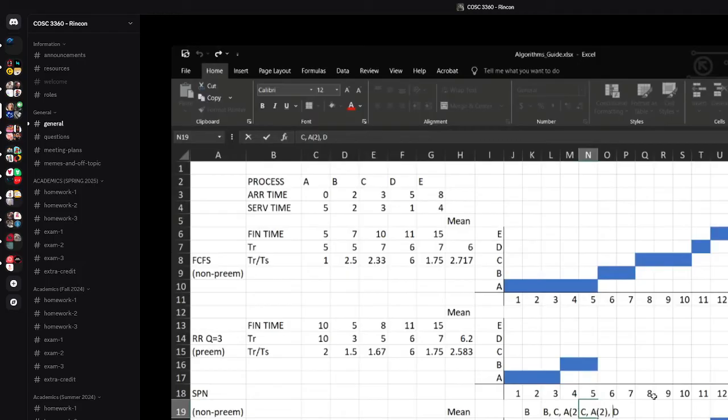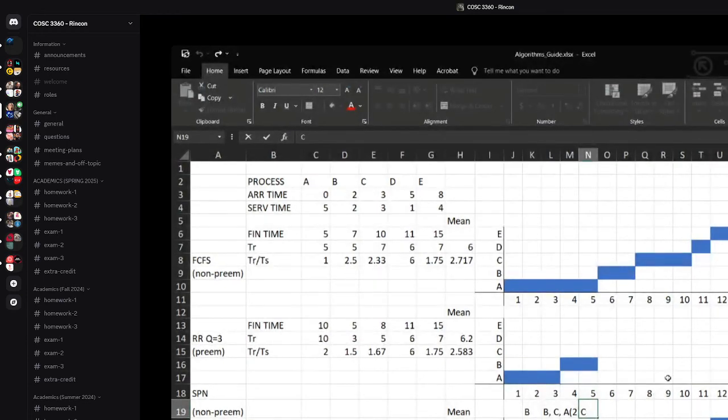Okay, so like SMK mentioned, at time 5, D actually arrives, right? So just to go back to this real quick. At time 5, D actually arrives, right? And wait a minute. Hang on. Give me one second. Sorry, even I'm a little bit confused. Let's see.